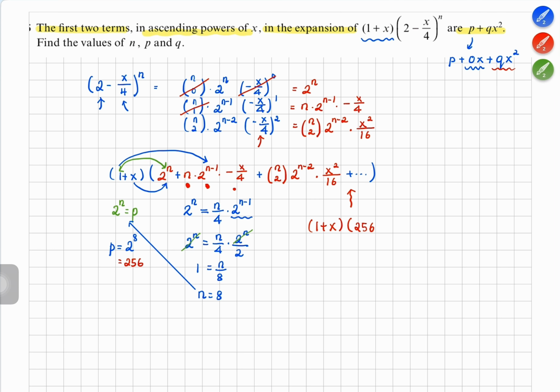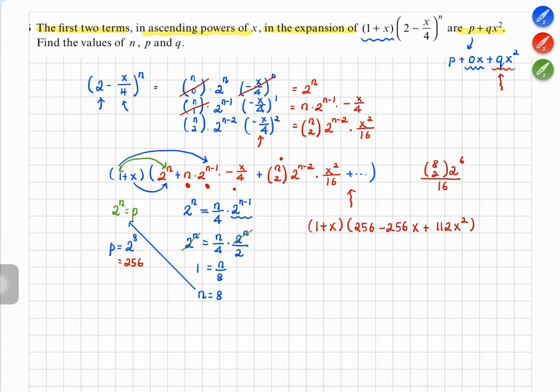256x. Then the last one, you substitute here. 8 choose 2, 2 power of 6 divided by 16. Since you have it, you don't have to bother expanding any of it in terms of n, because it's just tedious. So I will get 112x squared. What do you want? You want the coefficient of x squared.